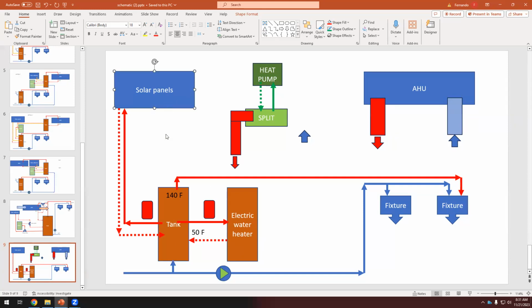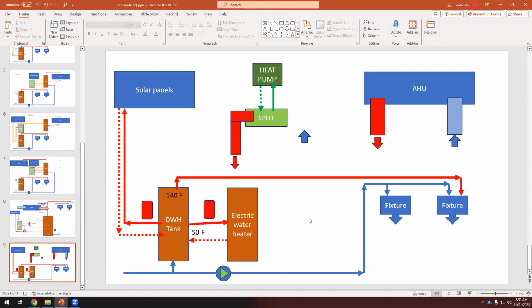We're not talking about how many solar panels we have. We're connecting blocks with solar panels with a domestic hot water tank here. That would be the domestic hot water tank. So this is the schematic view of this building.